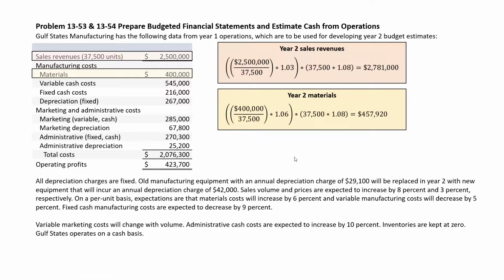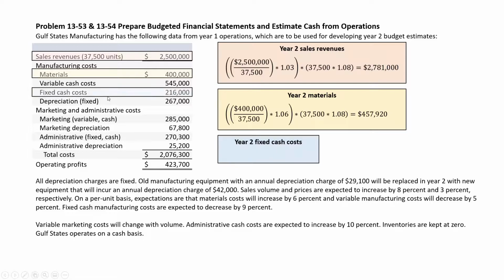Let's do a couple more of these together. So I can see that my fixed cash cost right here. Now, normally you would say, even if volume increases, I wouldn't expect a fixed cost to change in total. And that's true unless something else is expected to change the fixed cost other than just the volume. And they do tell us here that fixed cash manufacturing costs are expected to decrease by 9%.